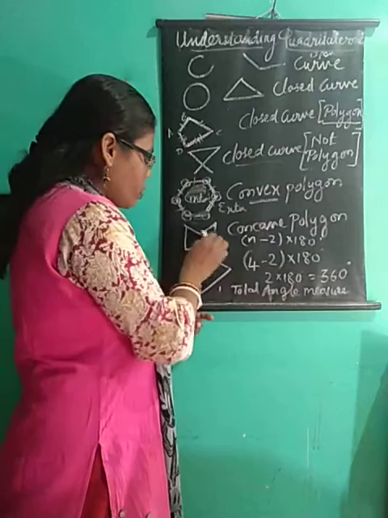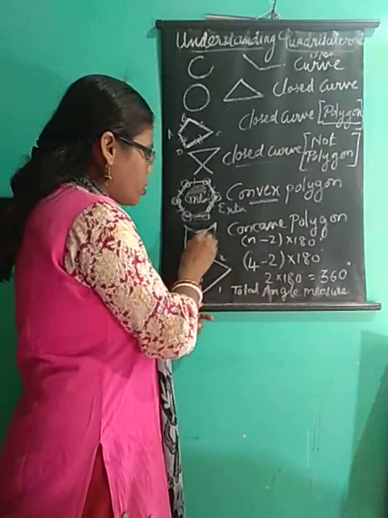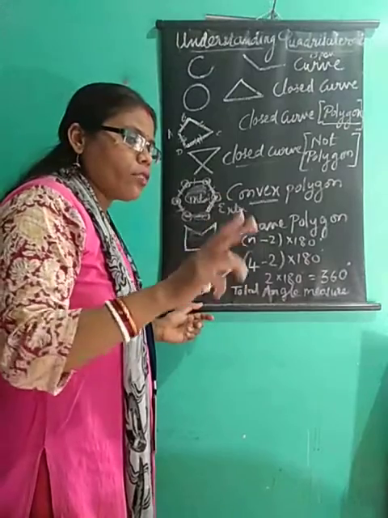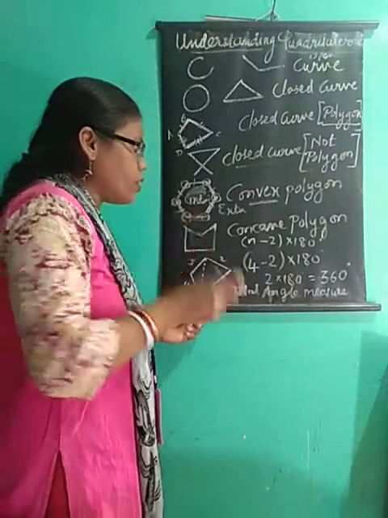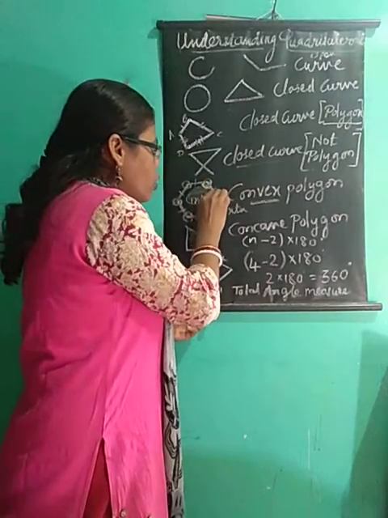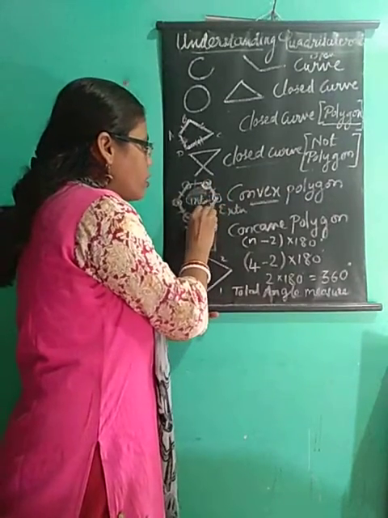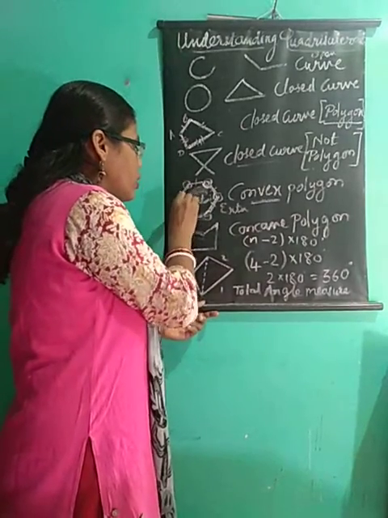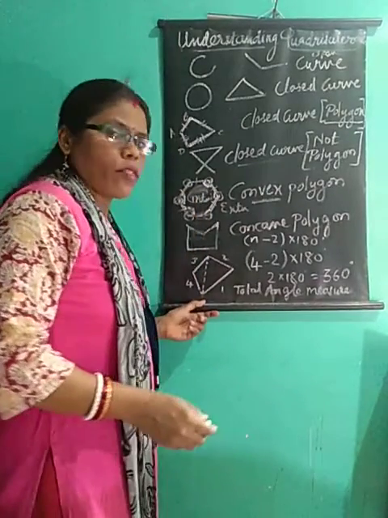And one more method you can identify by is the angles. The angles are not more than 180 degrees. The angles formed at the vertex are not more than 180 degrees.